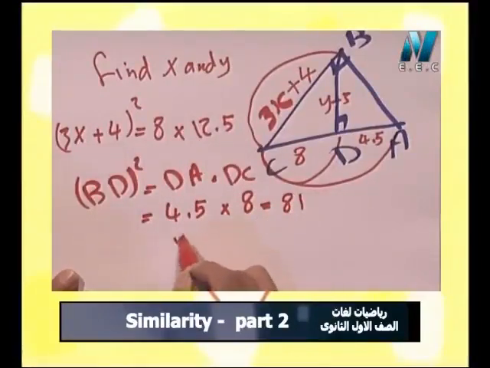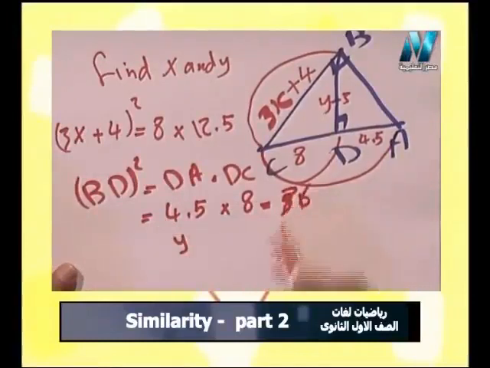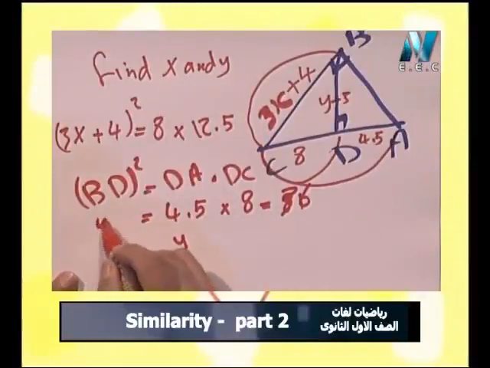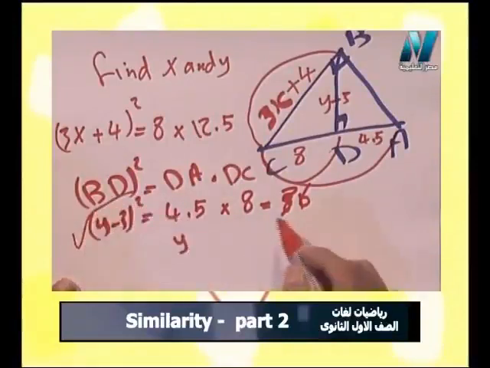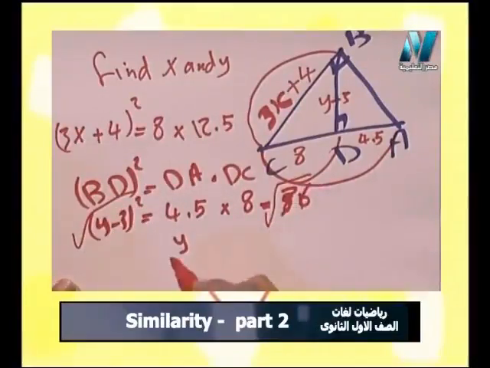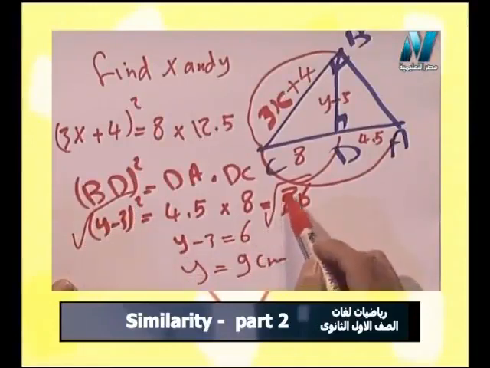So y minus 3 power 2 equals 36. Get the square root. So y minus 3 equals 6. Don't forget that when we take the square root here, we do the same on the other side, 36.